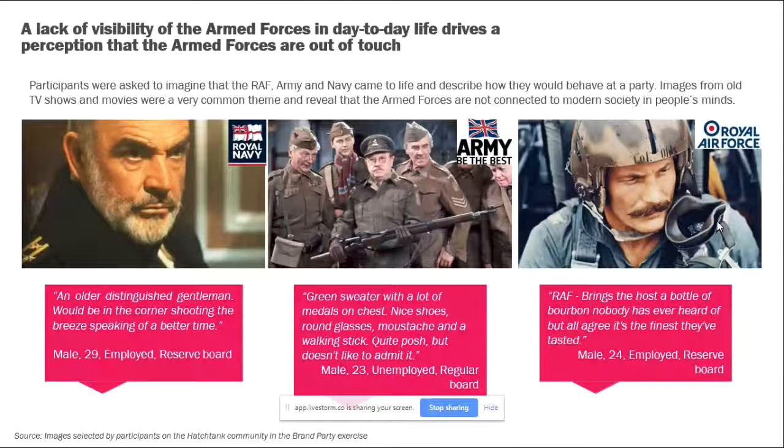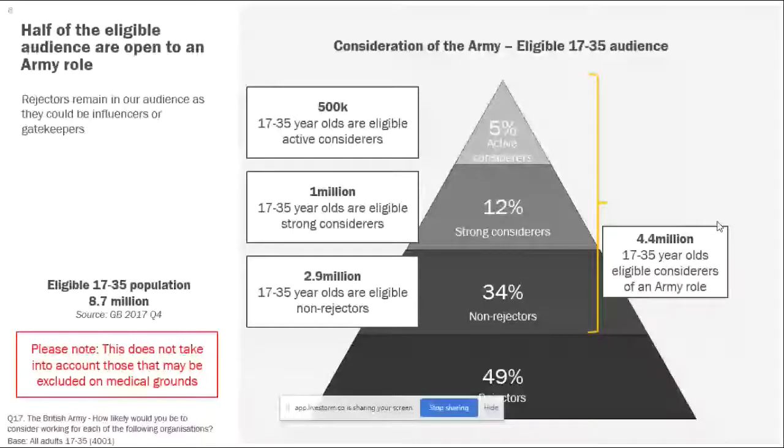The slide I'm showing you at the moment breaks down the audience and what's available to us in terms of recruitment. We have people who are out and out rejectors. They're never going to want to join the army. At the top are the people who are probably going to apply anyway. The army is something they've always wanted to do.